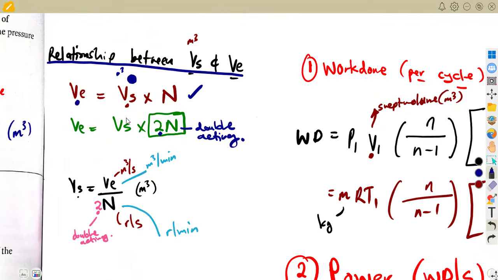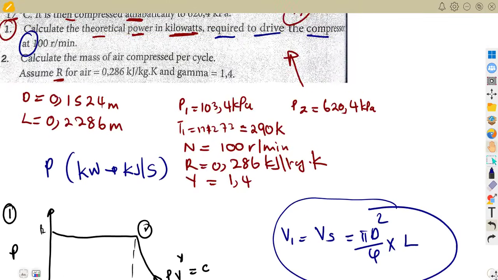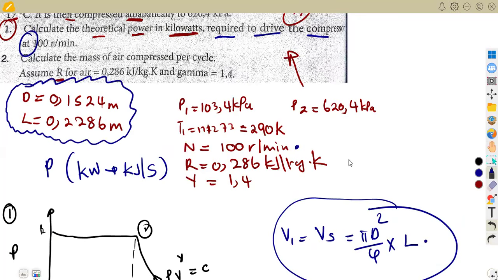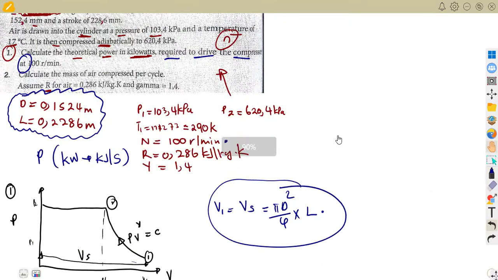So we can calculate VE from VS and the speed, because we have the speed in this question here. We can calculate VS. VS is equal to V1, which is our swept volume. From the diameter and the stroke length, we can calculate VS. So that means this question was going to be attempted because we have this.